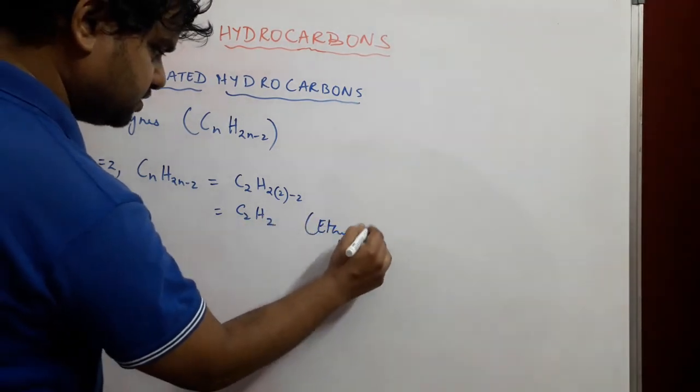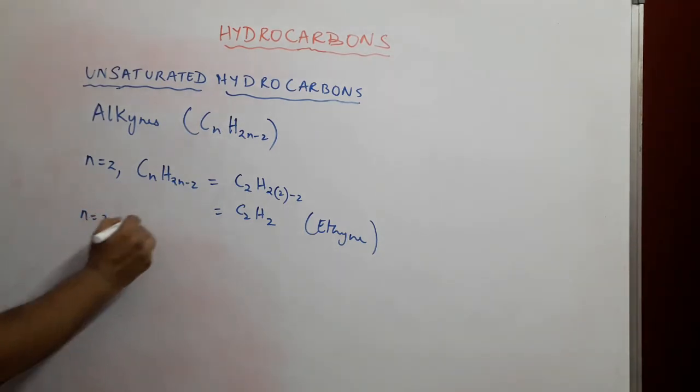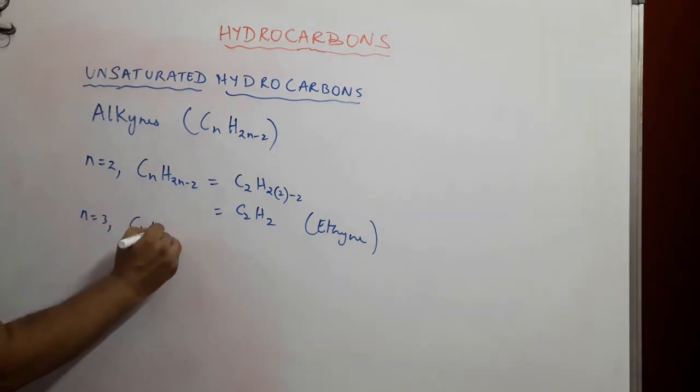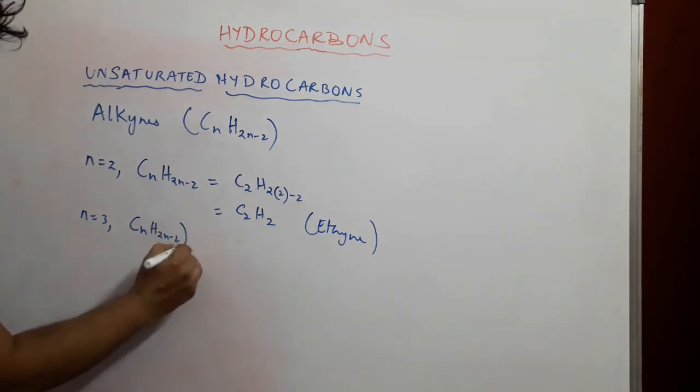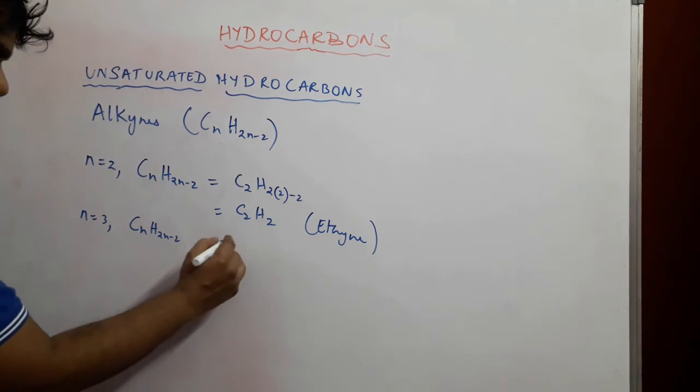And we'll take another one, n equal to 3, and use it in this formula CnH2n minus 2. Remember this bracket.